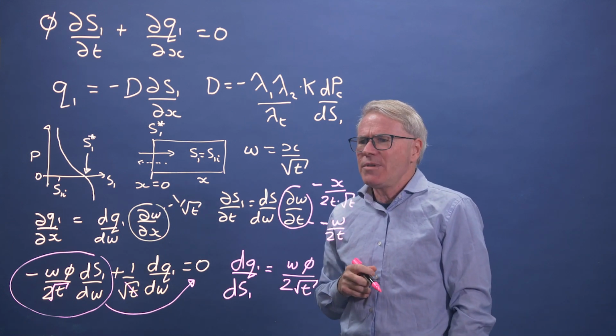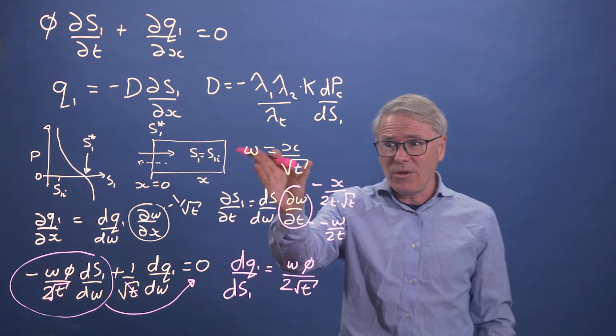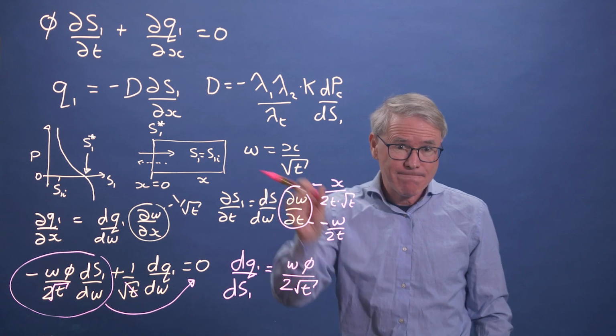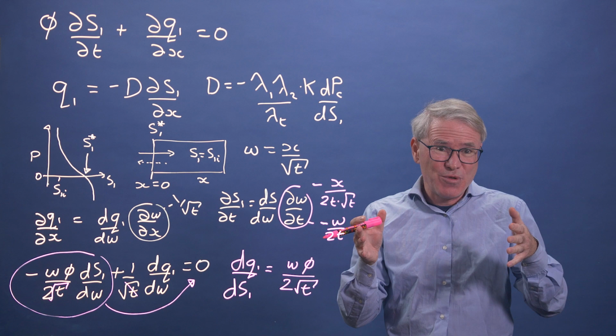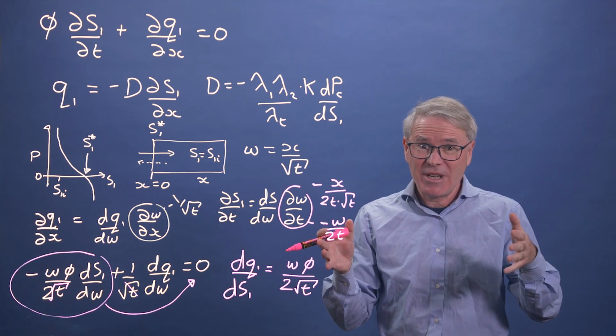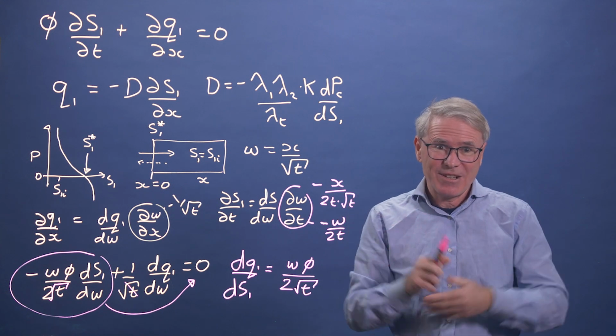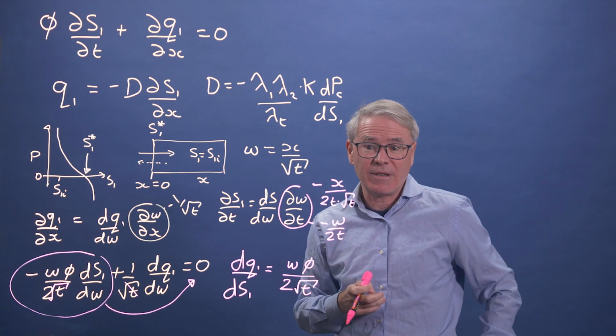So what we need to do is think about this inlet condition. If it's a diffusive process, and we've sort of assumed it is here, then we know that distance scales as root t. The amount imbibed scales as root t. So the imbibition rate is the derivative. It scales as 1 over root t.